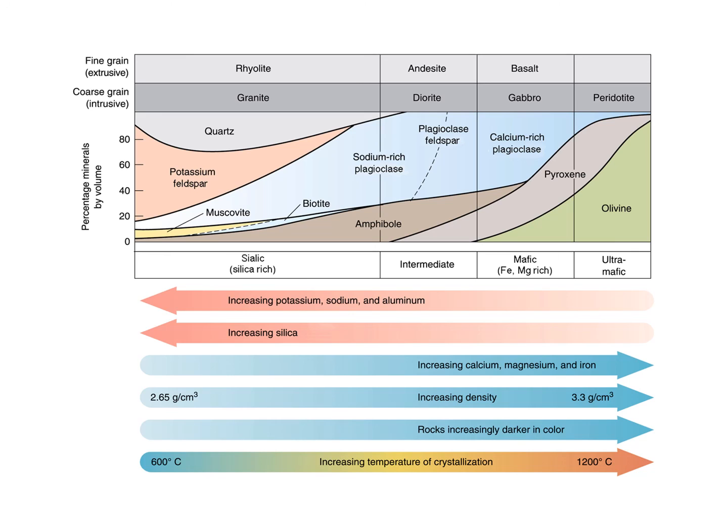Chemically, rhyolite and granite are similar. They are both felsic igneous rocks, but they are different in their texture. Andesite and diorite are compositionally similar as well, but they are different texturally. I hope you understand the igneous rock classification based upon chemical composition versus texture.